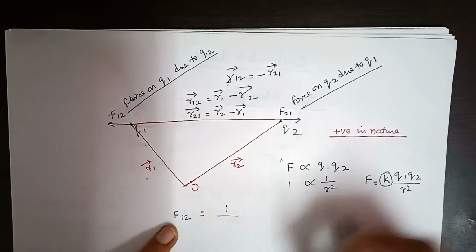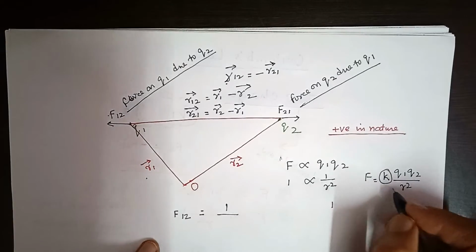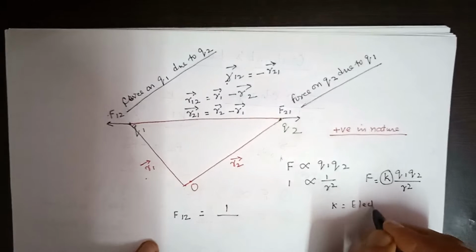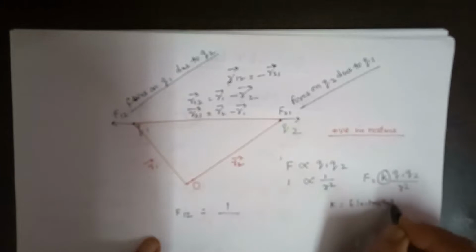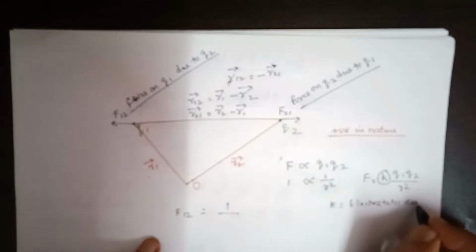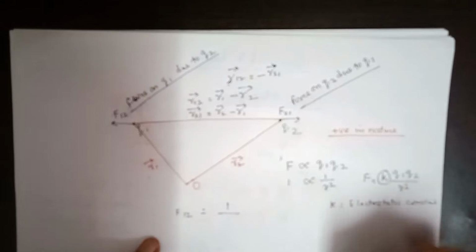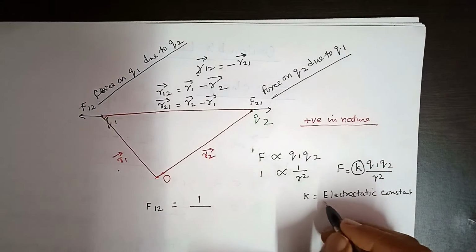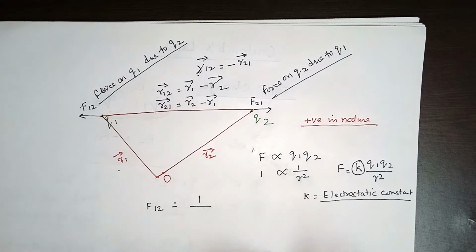Here K is the electrostatic constant of the medium between the two charges.